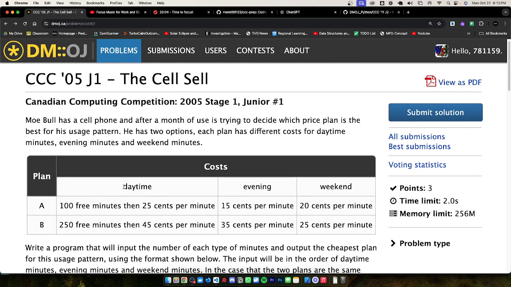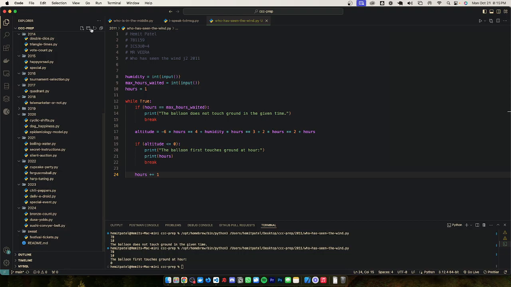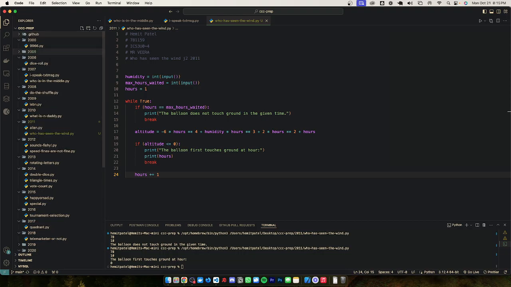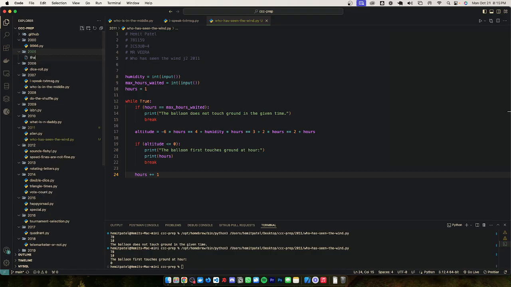Anyways, let's go ahead and solve this problem. So this is 2005, so a new file, and this is going to be the cell.